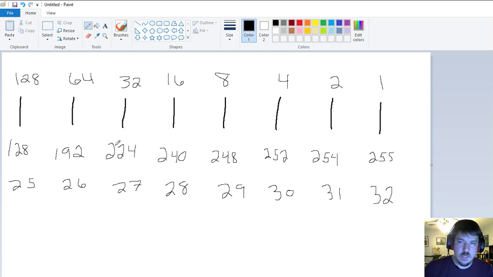So say we need more than 255 hosts. Say we need whatever the next one is, right? So we need more. So we're going to go 24, 23, 22, 21, 20, 19, 18, 17.